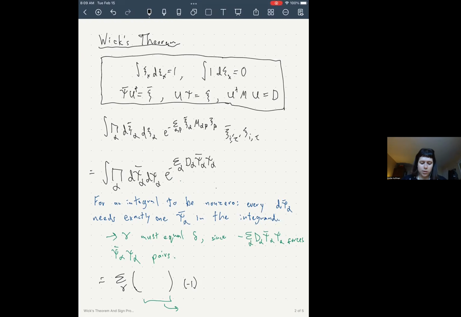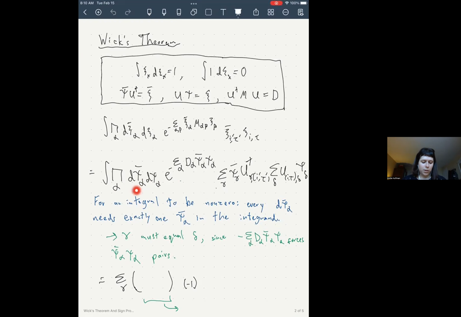And then this last part, I need to go ahead and write it as a multiplication. So I'm going to have a sum over gamma, psi bar gamma, and then this should be the U dagger one. That's one coordinate. The other coordinate is our i prime, tau prime. So that's the first one. And then the second one should go the other way. This little delta, and then psi delta.